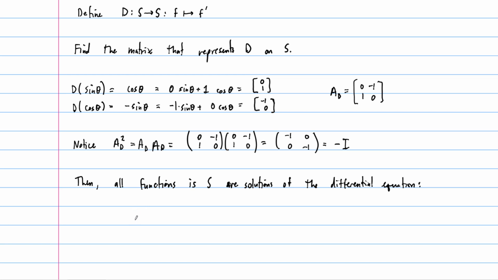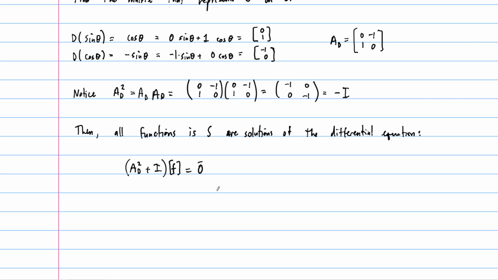I'm going to write it in matrix form first: AD squared plus I times this coordinate vector is equal to the 0 vector, right? So there's the matrix representation of it. But in function notation, this is just going to say two derivatives plus the function itself, or this differential equation, y double prime plus y is equal to the 0 function.